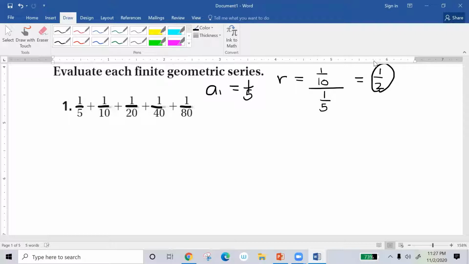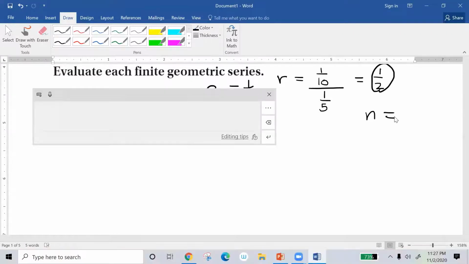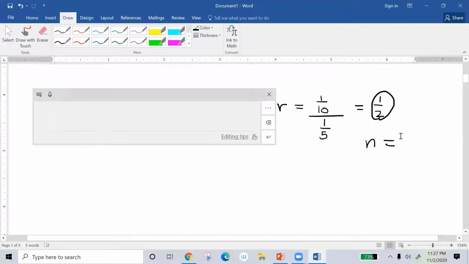So we will use 1 over 2 as our common ratio. Now, do we have the number of terms for n? Since we don't have n, we will use the explicit formula.